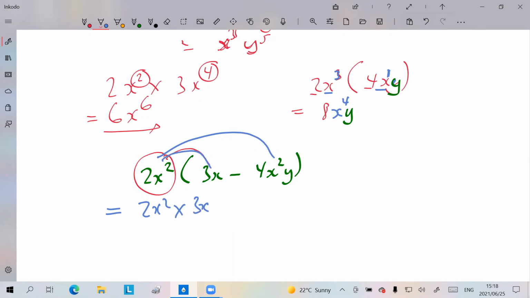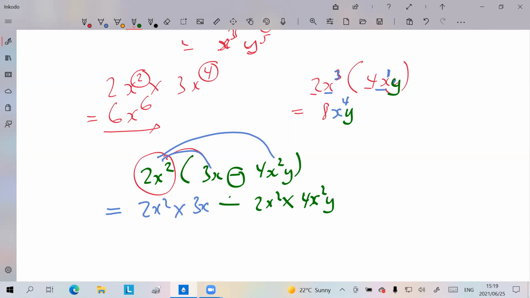And for the other step, it's minus 2x squared times 4x squared y. I prefer brackets, but I know learners don't like brackets, so I will do what the learners prefer.